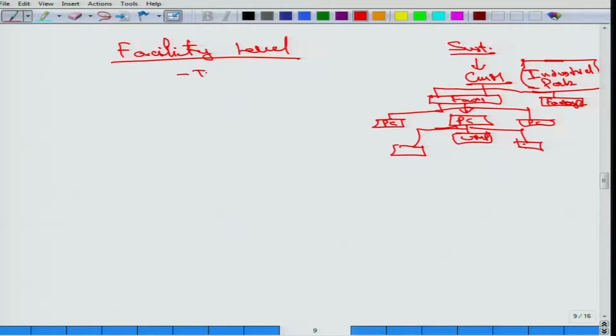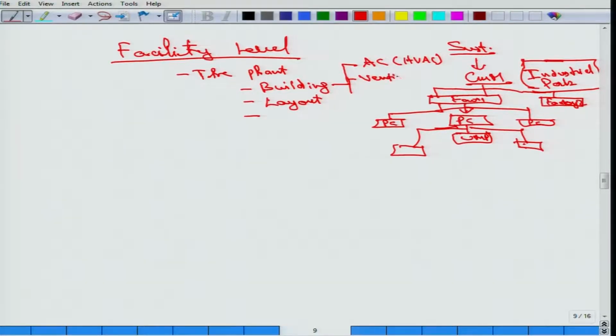It is the plant design. In this plant we need to have building design, that is a green building, then layout of the machines, then in the building we have air conditioning, maybe HVAC, and ventilation, lighting.